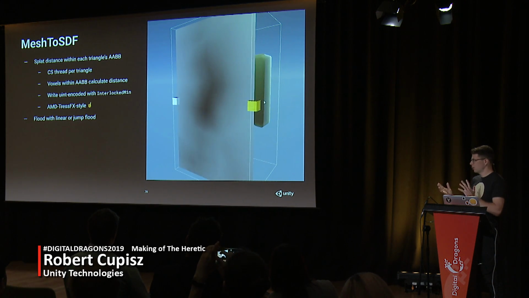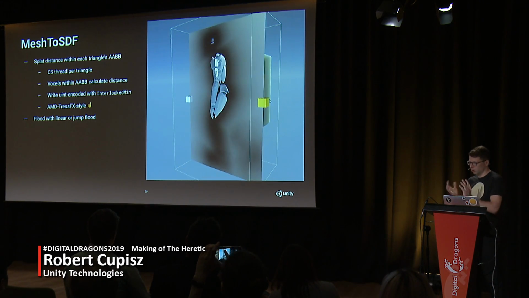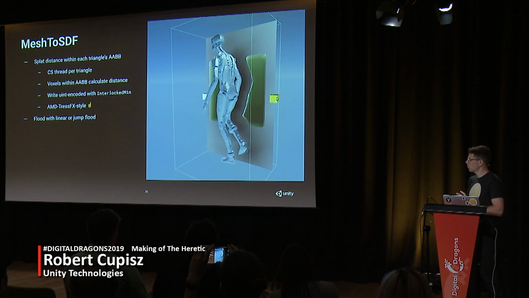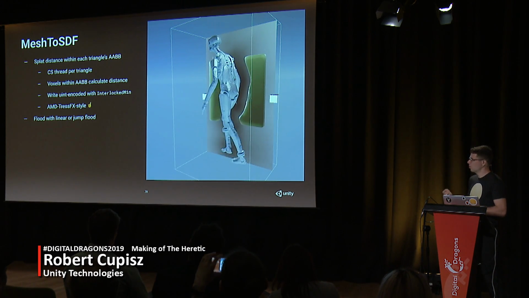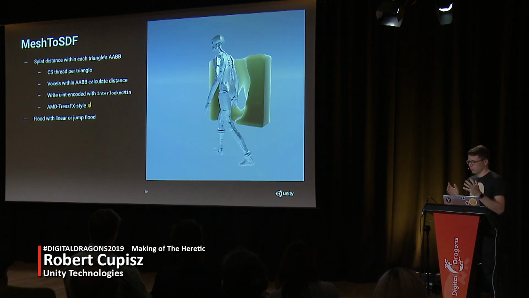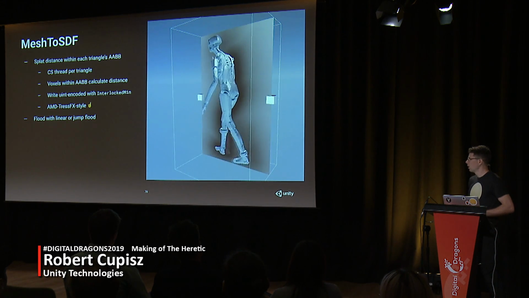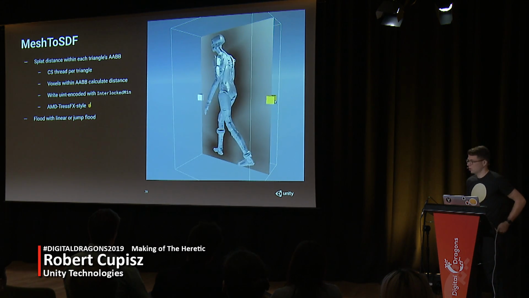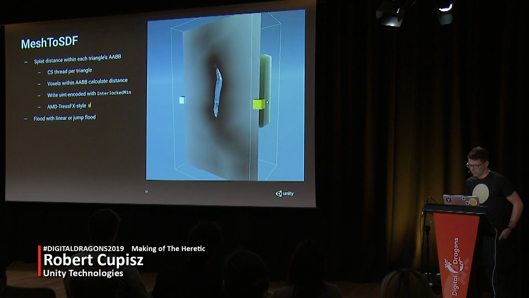And then the resulting buffer will have distances, but just around the surface of the mesh. So the next step is to flood fill the rest of the volume, and we do it in some cases either with linear or jump flooding.